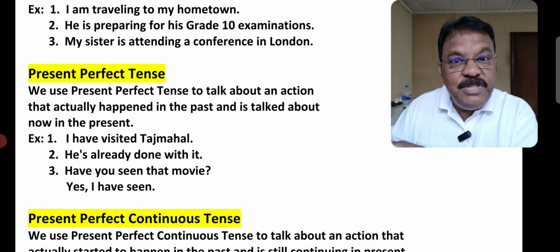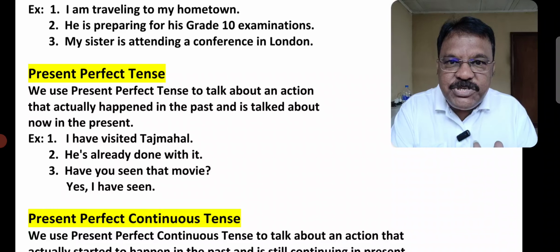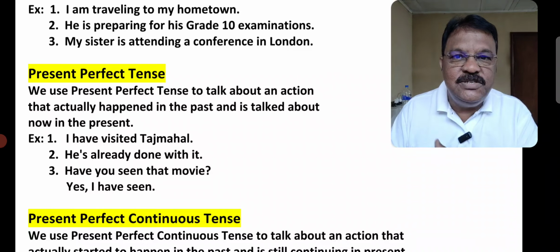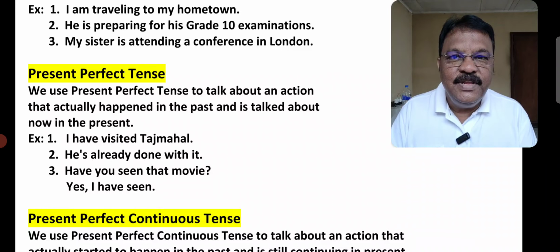So if something happened already, it happened in the past. It's not happening now. Got it? So we mean the action by this question which happened in the past. Have you seen that movie?